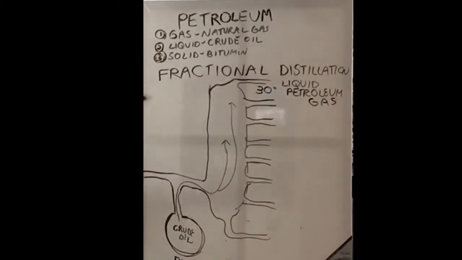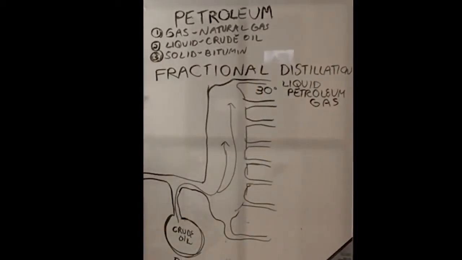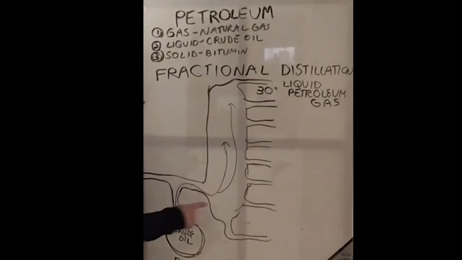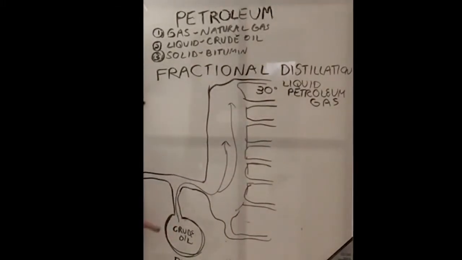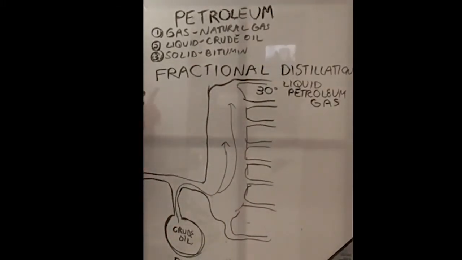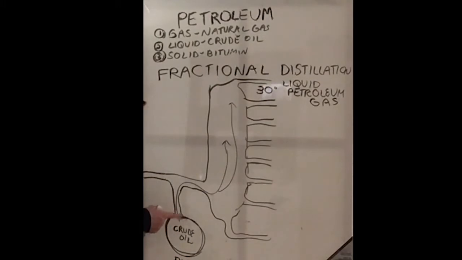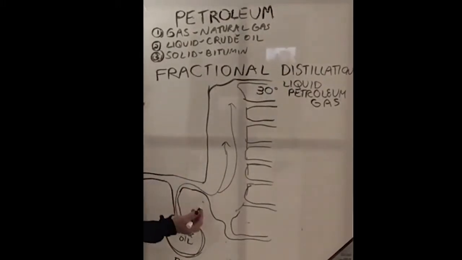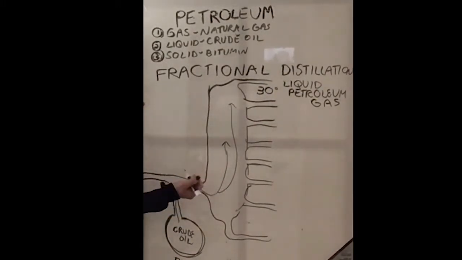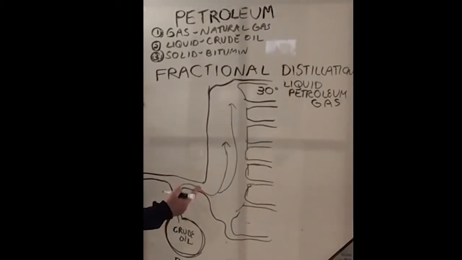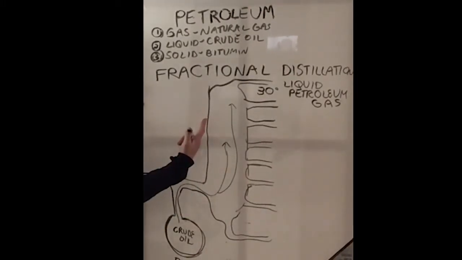So it is actually natural gas, but it's been liquefied, so it's easier to transport it. That has the lowest boiling point in this petroleum we collected. So it boils first. And when it boils, remember, boiling is going from a liquid to a gas. So it becomes a vapor.